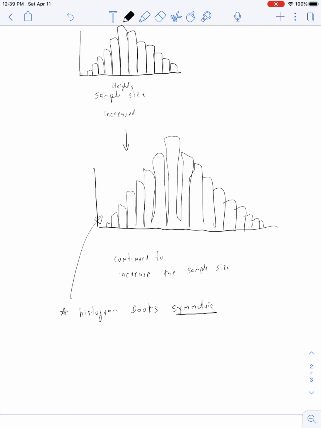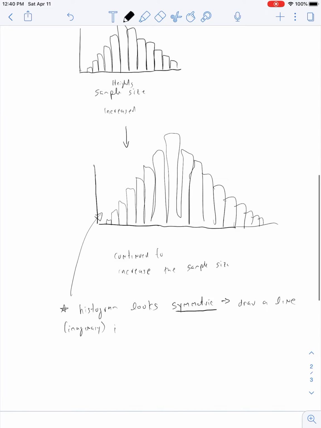Symmetric is really where if you draw an imaginary line in the middle of this histogram, the left and right side look identical or almost identical.